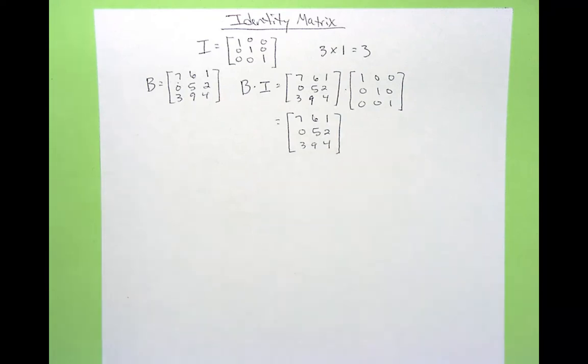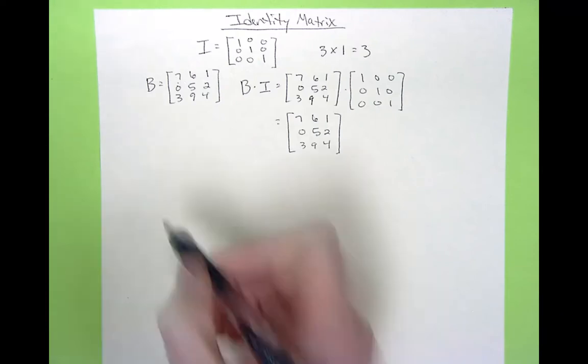Now order is very important. Order must be selected to be conformable with the matrix that is to be multiplied by it. So if you have a 5 by 3 matrix Y and you wish to multiply by an identity matrix, the order depends on whether you pre-multiply or post-multiply the identity matrix by it. So let's start with an example.